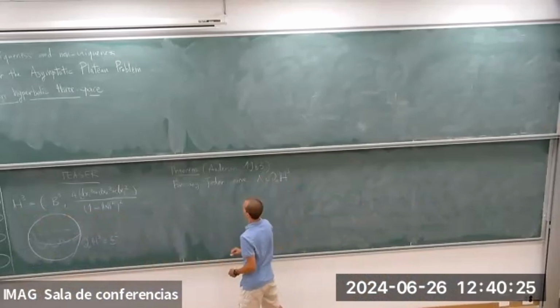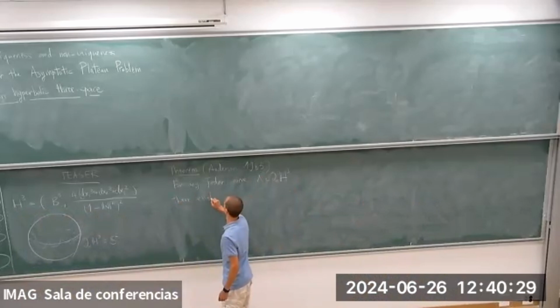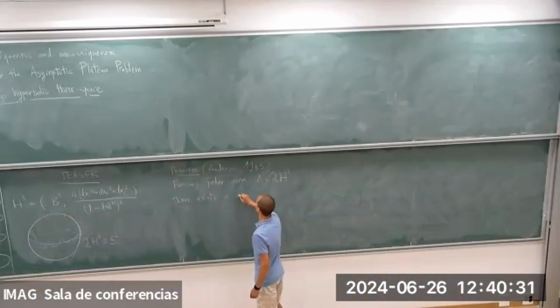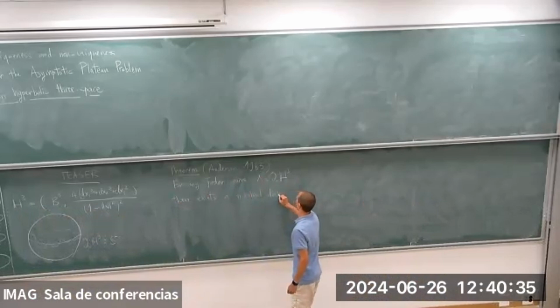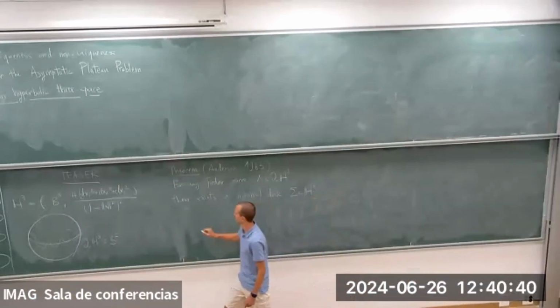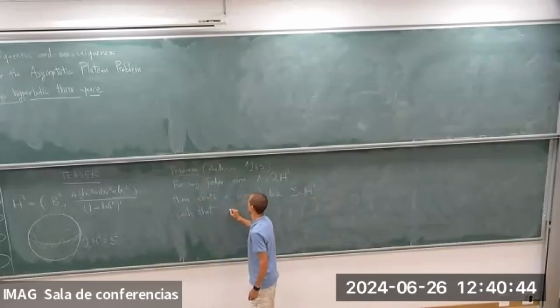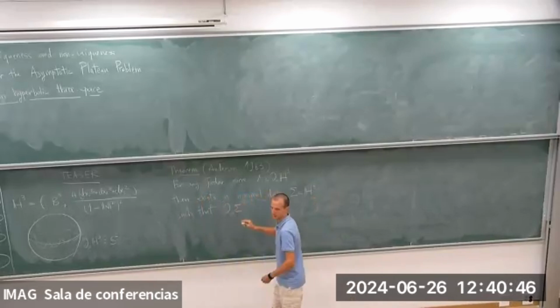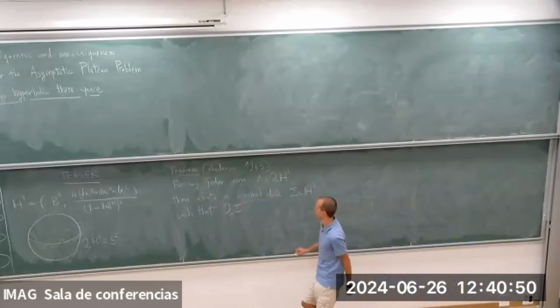The theorem says there exists a minimal disk sigma inside H3, such that its asymptotic boundary, meaning that its closure in the closed ball, is equal to lambda.